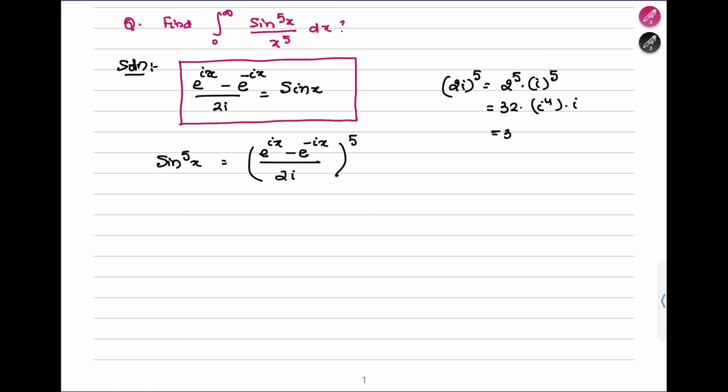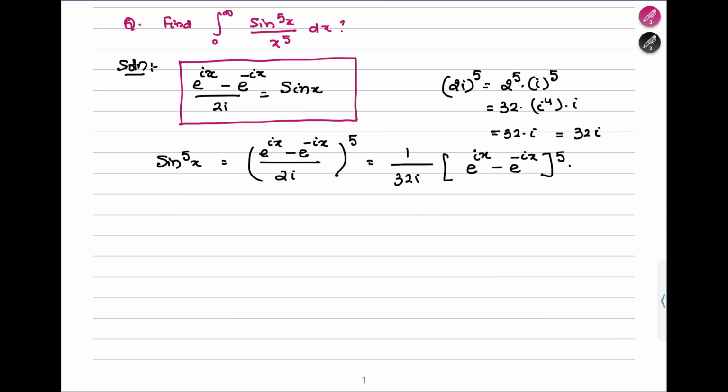So 32. These are also explained in my previous lectures. Please see them. This will be 32i. That means this will be 1 by 32i into e to the power of ix minus e to the power of minus ix, to the power of 5.